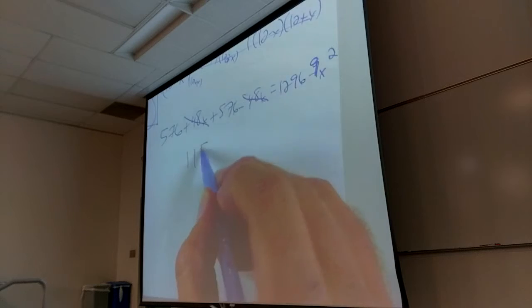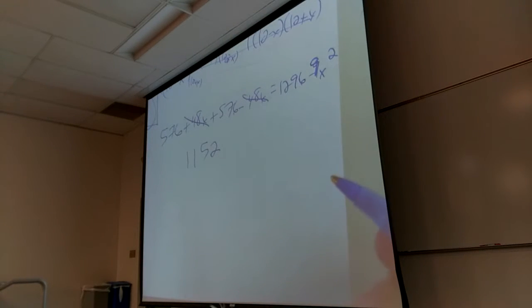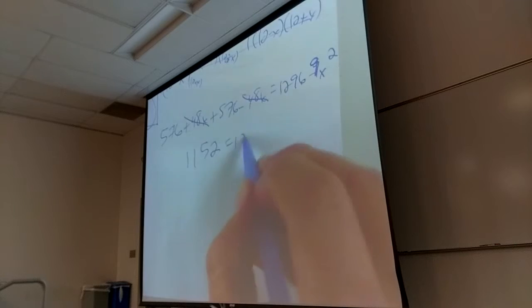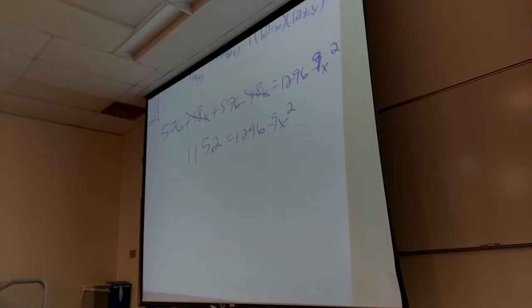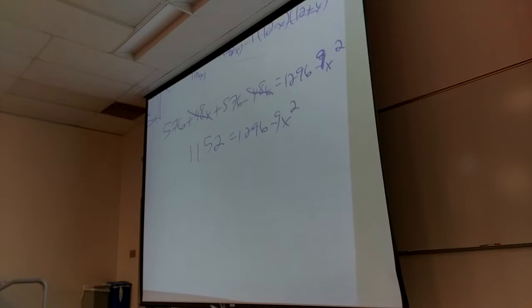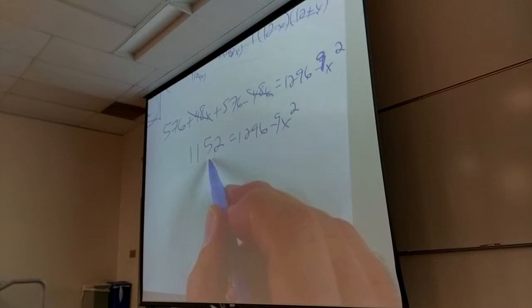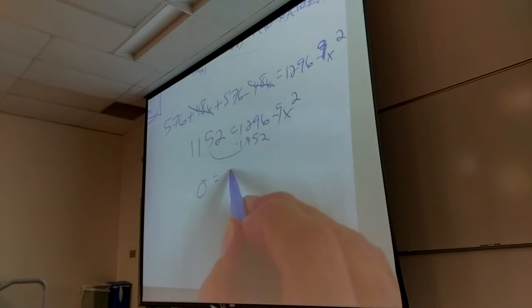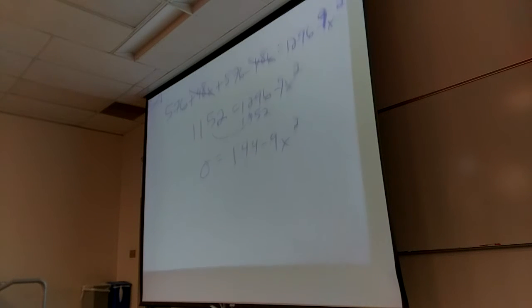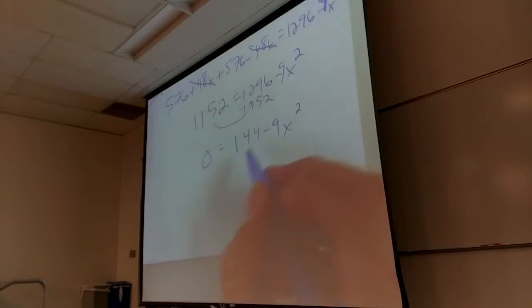Sounds right. Equals 1296 minus 9x squared. Yeah, I keep forgetting my poor little 9. And then you can subtract this over, so minus 1152. That's 144. What is this?